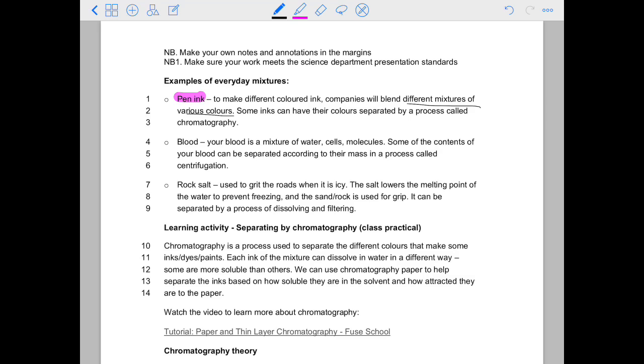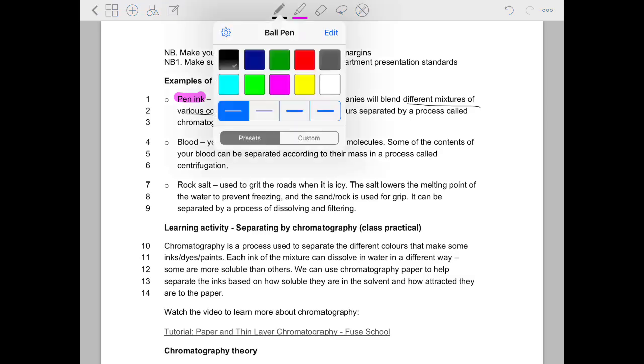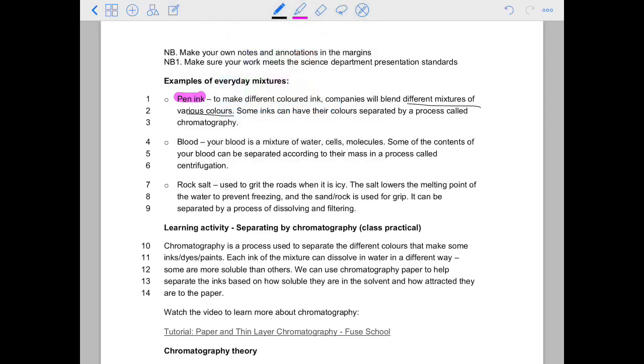Scientists or anyone who wants to see how the different colors in that particular ink can separate their colors can have them separated by a process called chromatography.